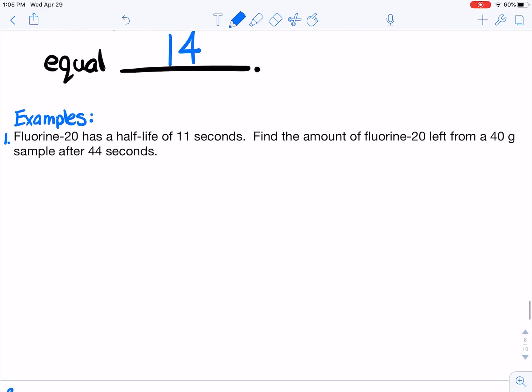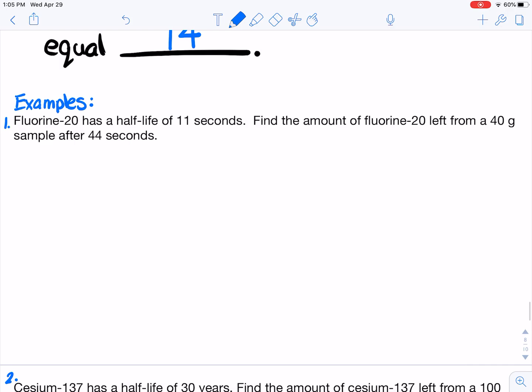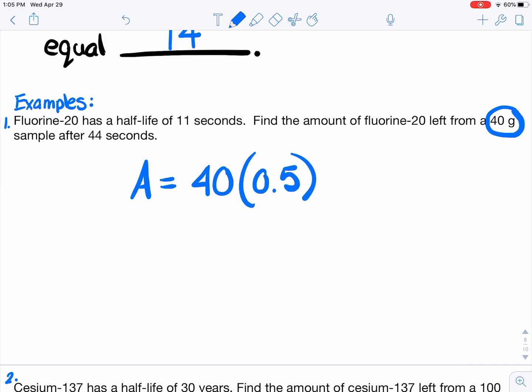All right, let's do some examples. Fluorine 20 has a half-life of 11 seconds. Find the amount of fluorine 20 left from a 40-gram sample after 44 seconds. So this is my principal value. This 20 is the name of the substance that's being used. So I have 40 as my original amount. 0.5 is always going to be 0.5. Now I've got to figure out how many times the half-life occurs.